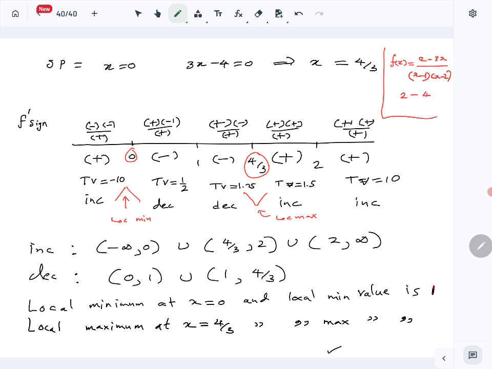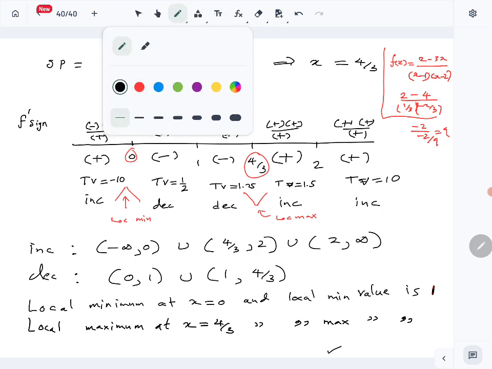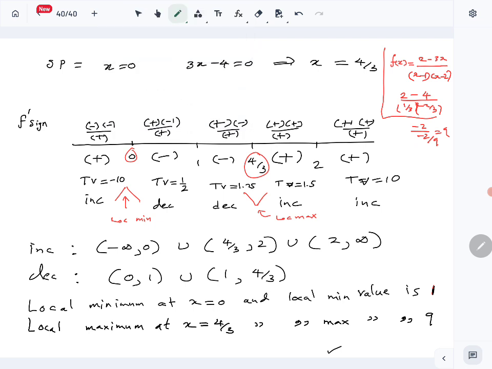So 2 minus 4, what do I get here? 4 over 3 minus 1 is 1/3. 4 over 3 minus 2 is minus 2/3. So minus 2 over 9. So that gives you plus 9. Right. So local maximum value is 9.